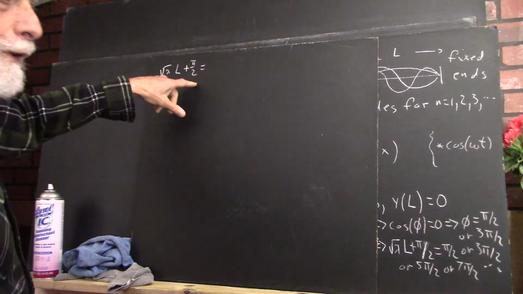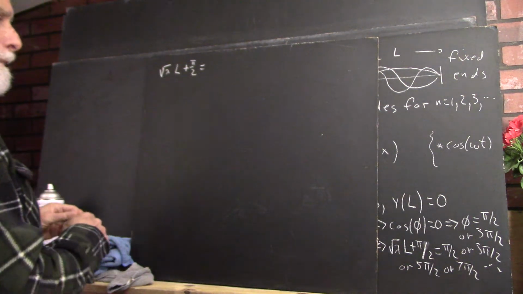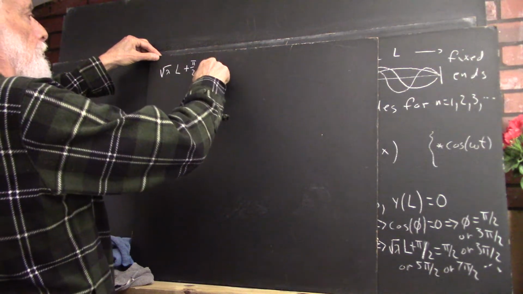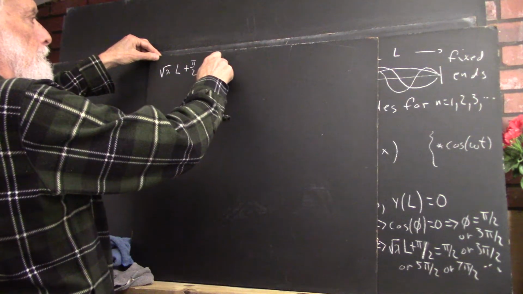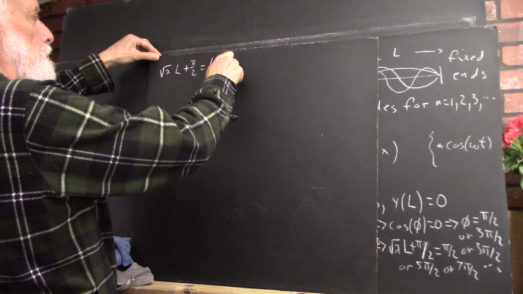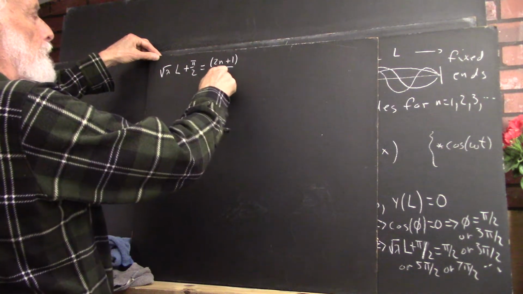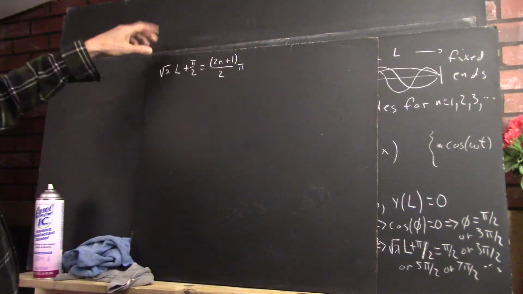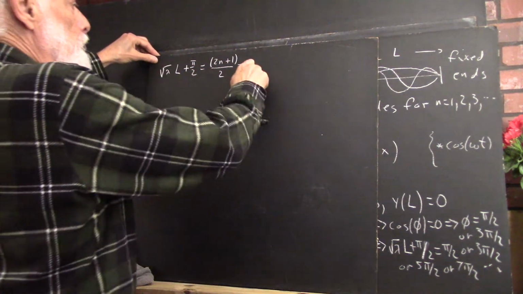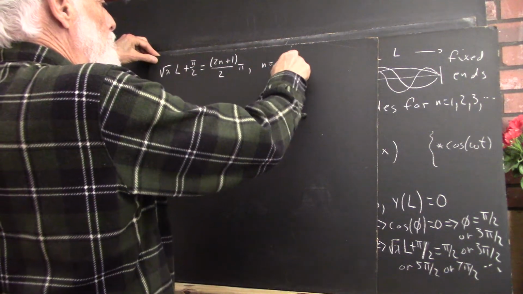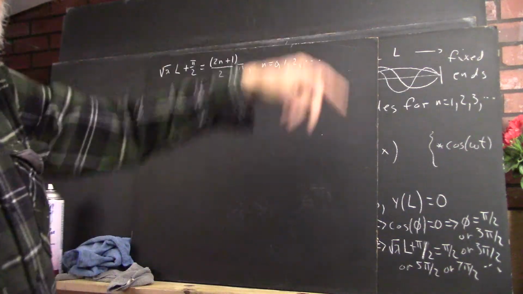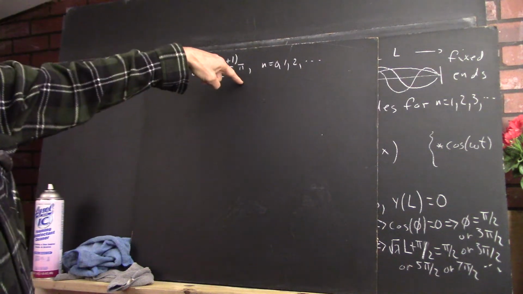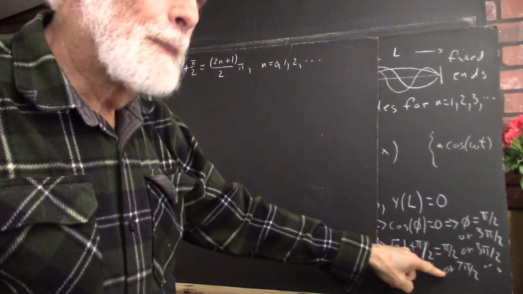Square root of lambda L plus pi over 2 equals what? I'm going to write it as (2n plus 1) over 2 times pi, because n can be equal to 0, 1, 2, etc. If n is 0, you get 1/2 pi, and of course that's pi over 2.